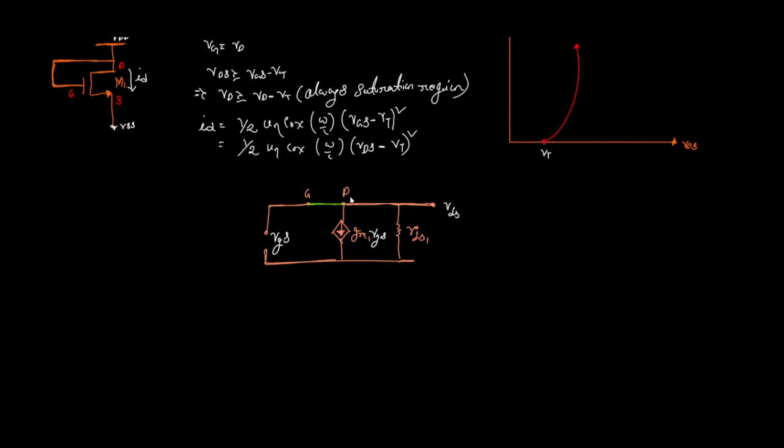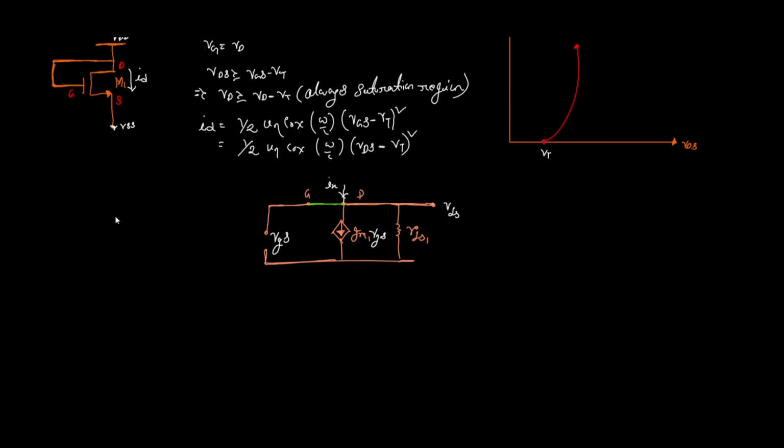So now let's solve this circuit to find the output impedance or output resistance. Let's put a test current Ix in here.